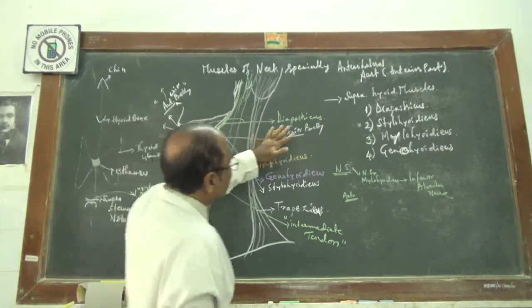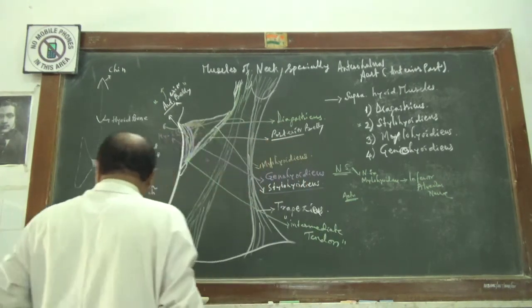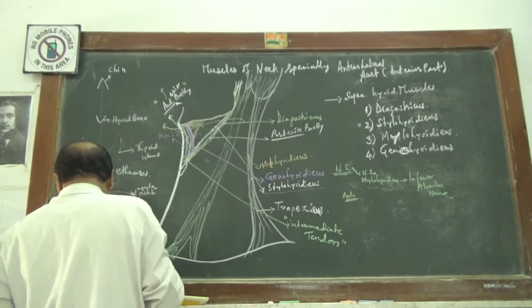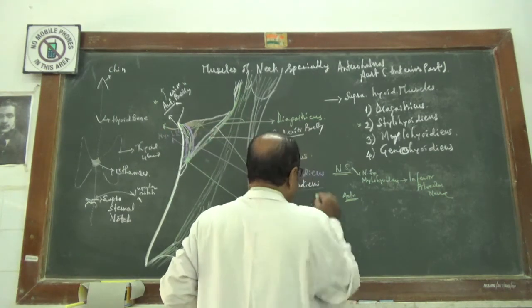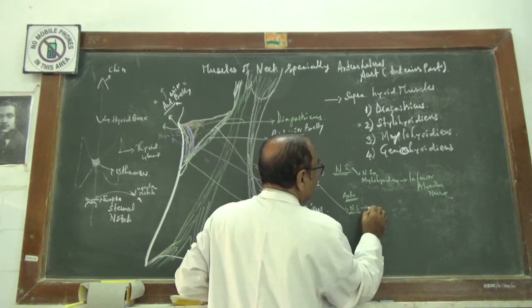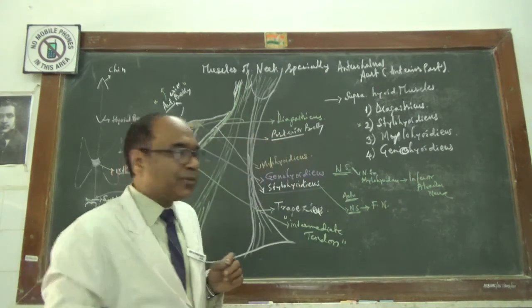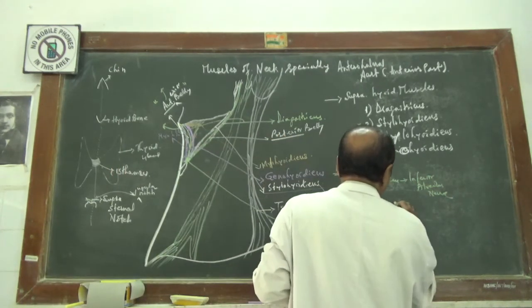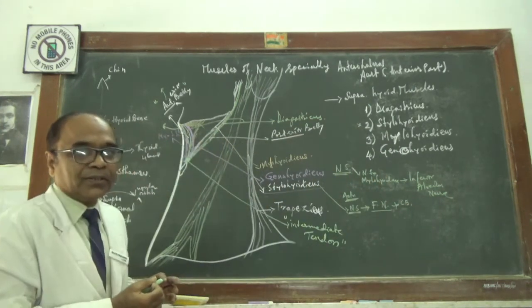Okay. Now coming to the stylohyoideus nerve supply. The nerve supply is straightaway by the facial nerve, that too via the cervical branch of the facial nerve.